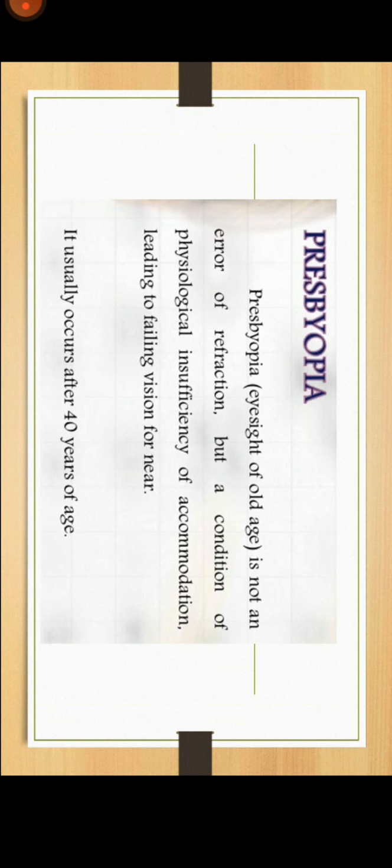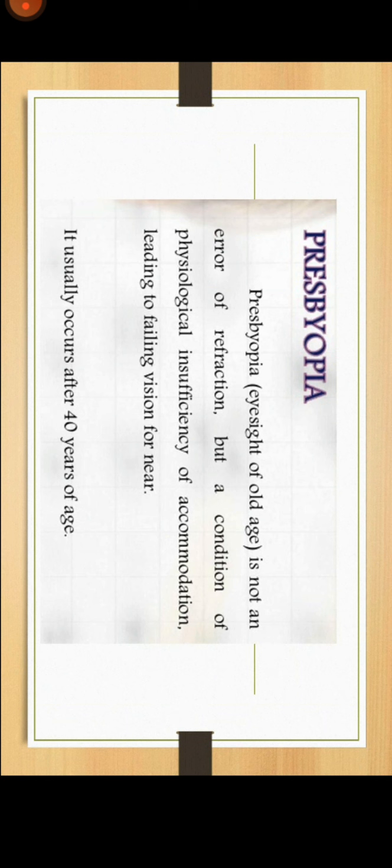Presbyopia is not an error condition, but a physiological insufficiency of accommodation leading to failing vision for near. Actually, what happens in presbyopia is that the elasticity of the lens and the suspensory ligaments is lost. Its first symptom is hypermetropia.